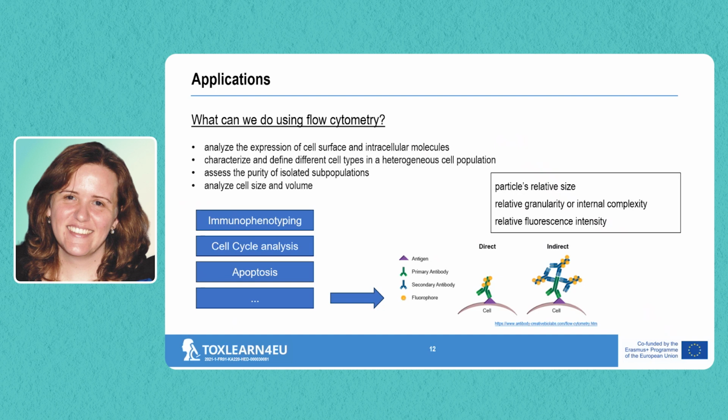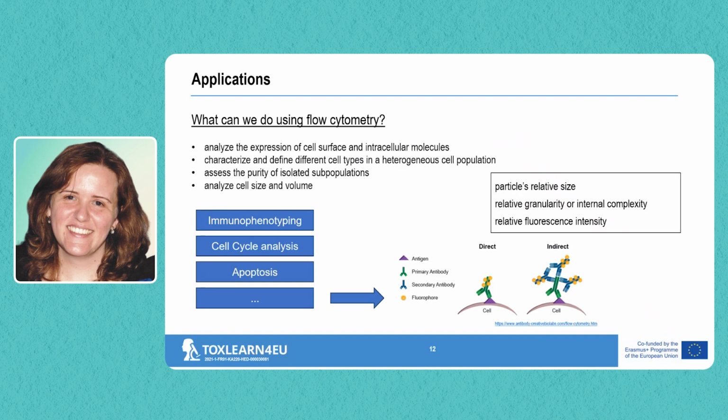In this case, we will have a primary antibody, an antibody that is directly detecting our molecule of interest. Or we can also use indirect antibodies. So we will have an initial antibody and then a second antibody that has the fluorochrome and recognizes the first one.